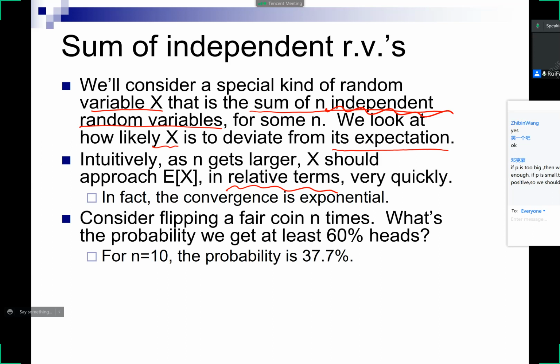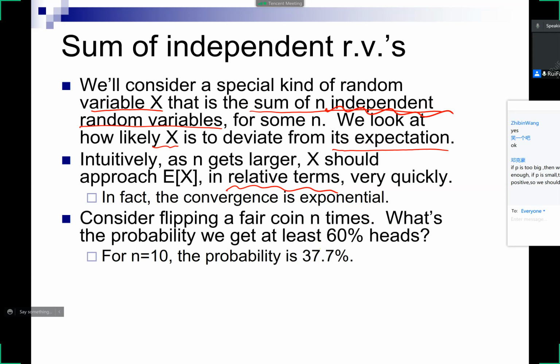As a concrete example of this, suppose you flip a fair coin n times. Then you expect to get 50% heads. Now you can look at the probability that you get at least 60% heads, as you keep making n larger and larger. This probability should decrease.